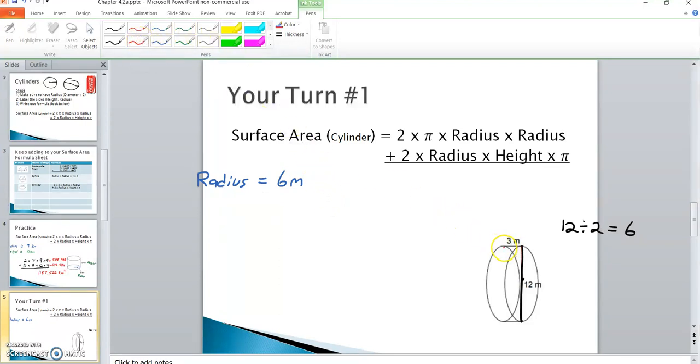And then our height, now this is a bit of a funny one because our cylinder is flipped on its side, we still have to imagine that the height is going from one circle to the other circle. So the height is 3 meters.